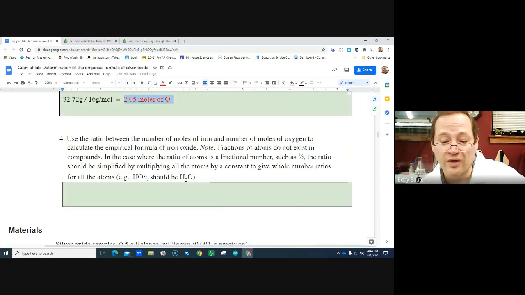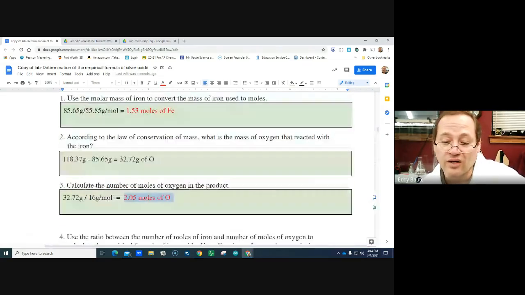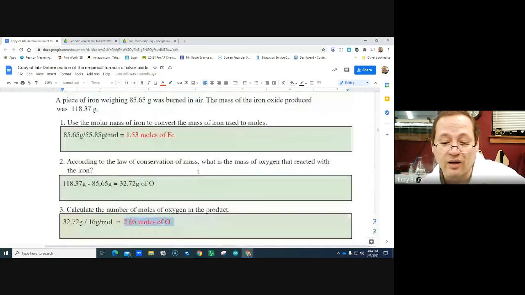In the case where the ratio of atoms is a fractional number, such as 1/2, the ratio should be simplified by multiplying all the atoms by a constant to give whole number ratios for all the atoms. For example, H over 1/2 should be H2O. So we have to do the same here. The next step is to get the empirical formula for iron oxide.